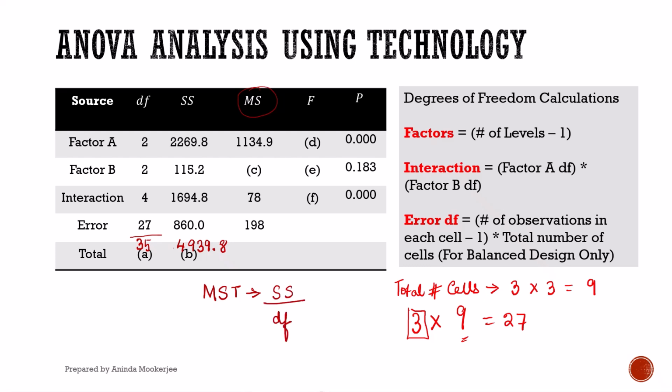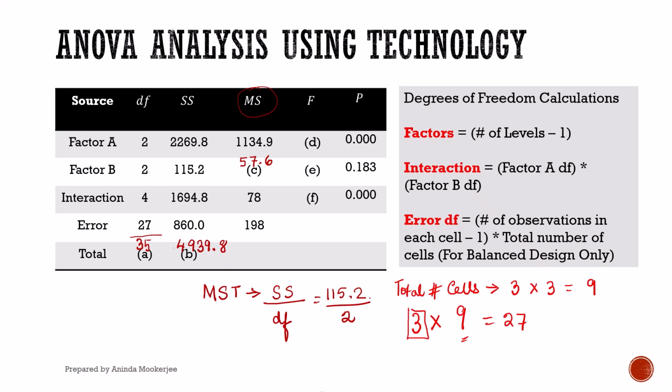So SS is 115.2 in that row, and the DF is a 2, which gives us a value of 57.6 for C. All right, so that is how the calculation came up. Right, so 57.6 is 115.2 divided by 2.